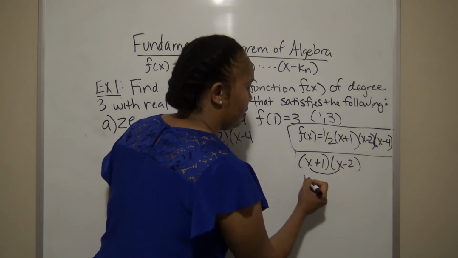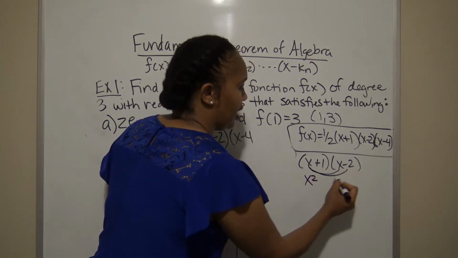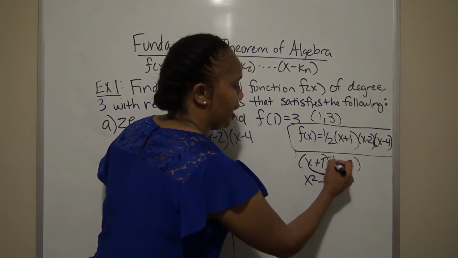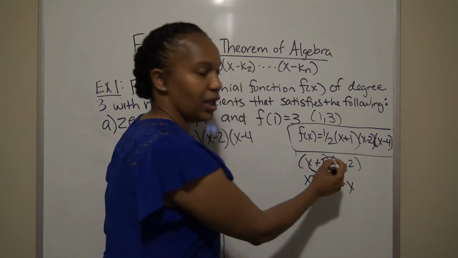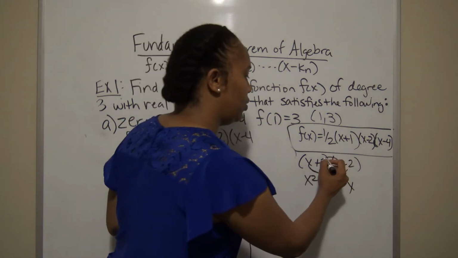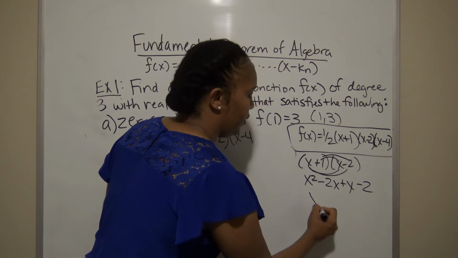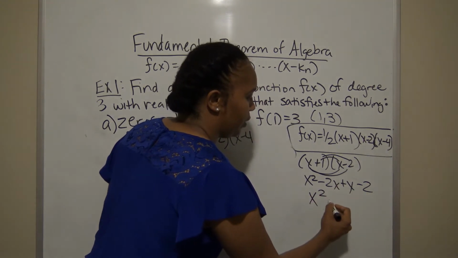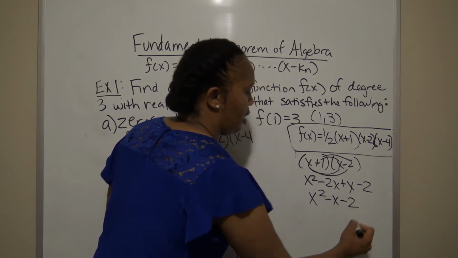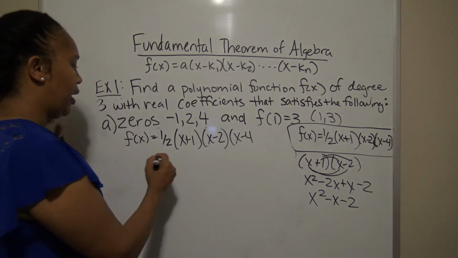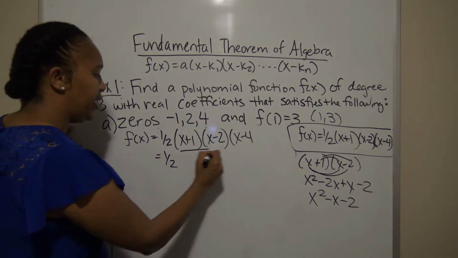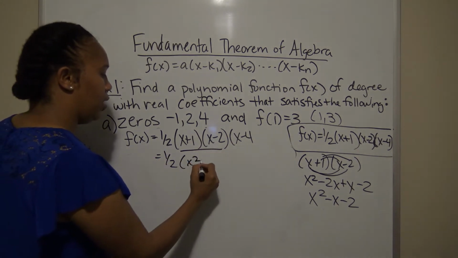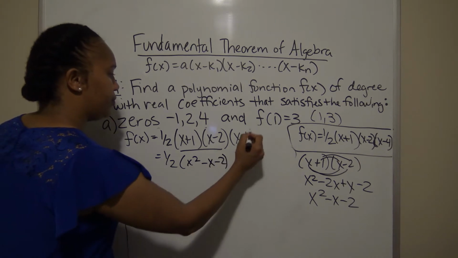FOIL it out. X times x is x squared. X times -2 is -2x. And x times 1 is +1x. And 1 times -2 is -2. So if you combine like terms, -2x plus x is -x. So I'm going to replace these two with x squared minus x minus 2.